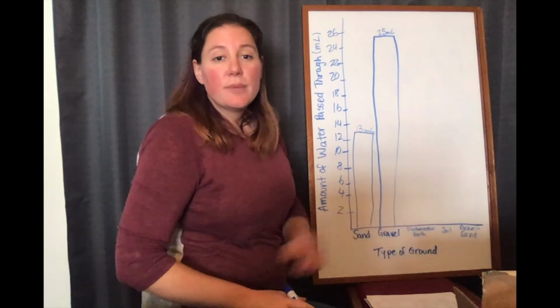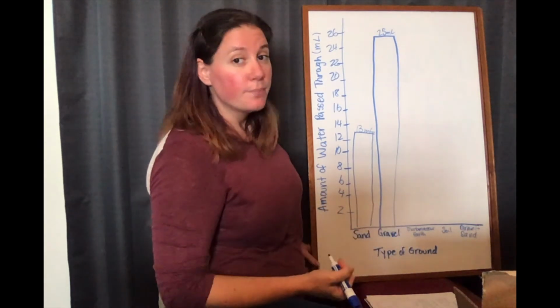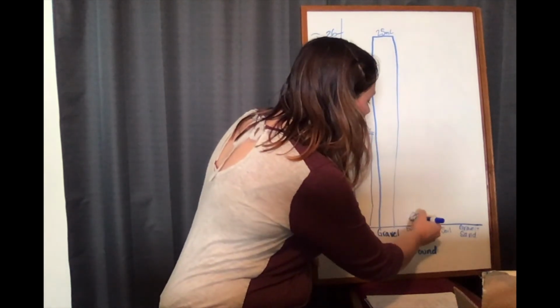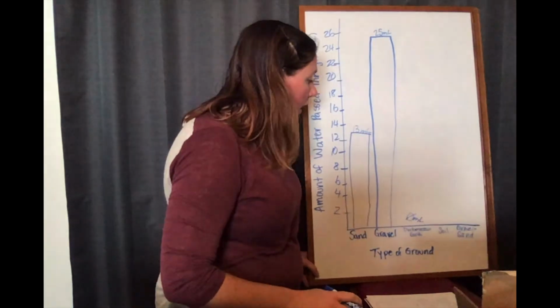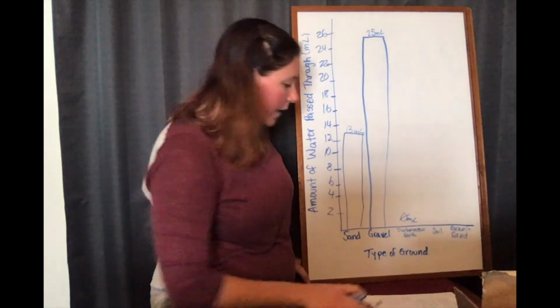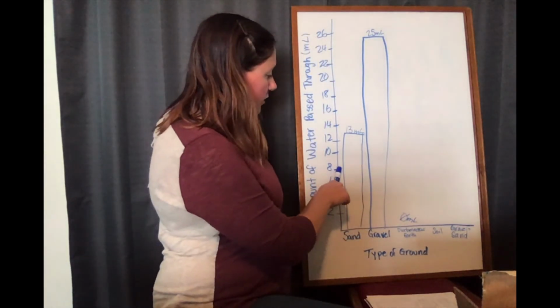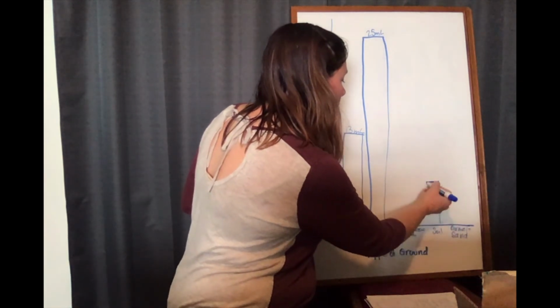Next up is the diatomaceous earth. Now, as you saw, no water came out. So I don't have to make a bar, but I am just gonna put a quick 0 milliliters so that people understand I'm not missing data, I just didn't have any data. All right, next comes soil. Soil, I believe, was at 8 milliliters. So I can count up to my 8, head over this way, and it looks like it'll be about this tall for soil.